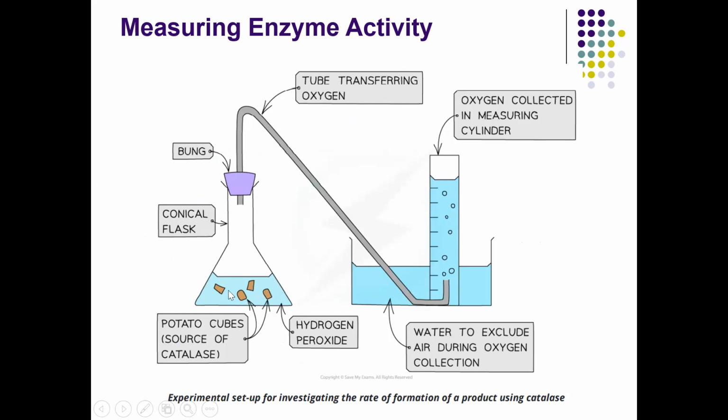When we let them react, the hydrogen peroxide will break down into water and then oxygen. Then there is a tube that transfers the oxygen into the measuring cylinder. Then the oxygen will appear in the measuring cylinder, and we can calculate how much oxygen is in the measuring cylinder.